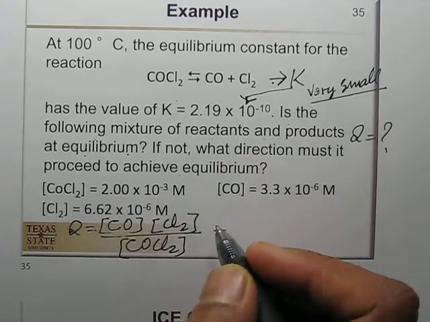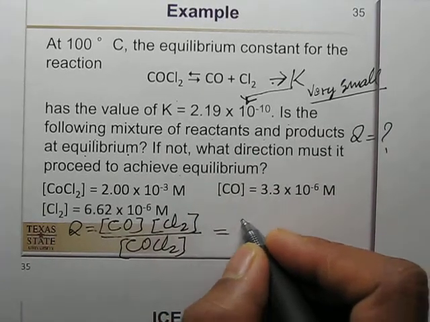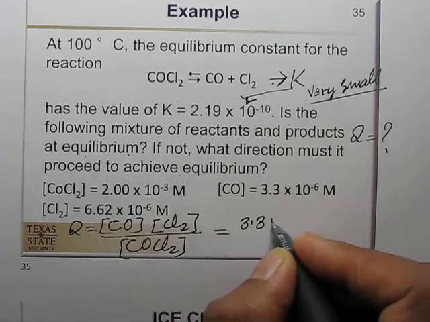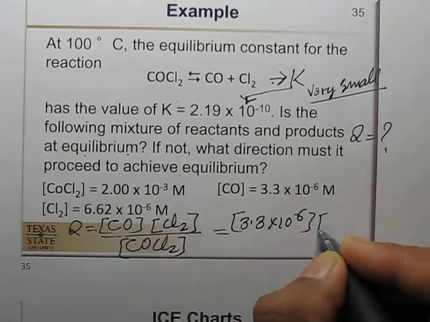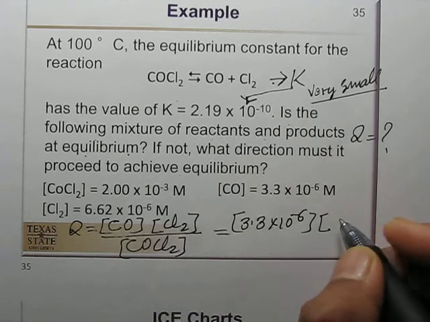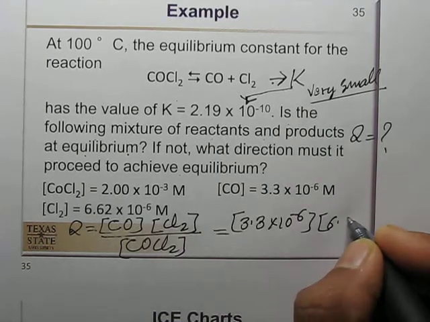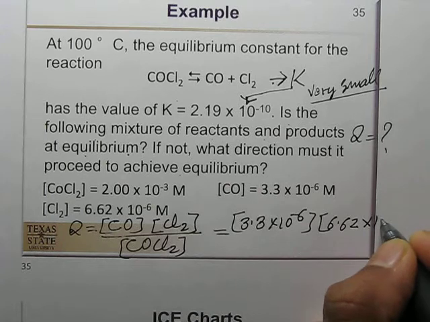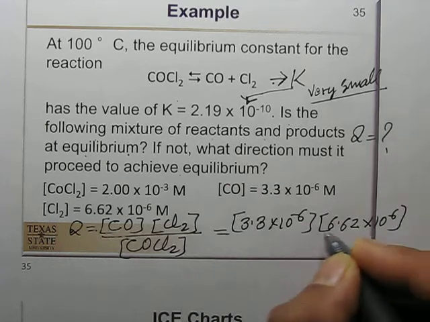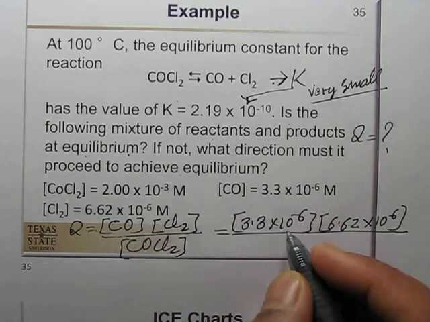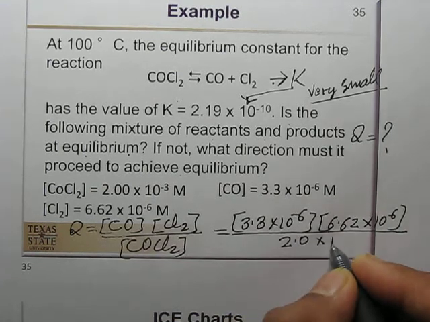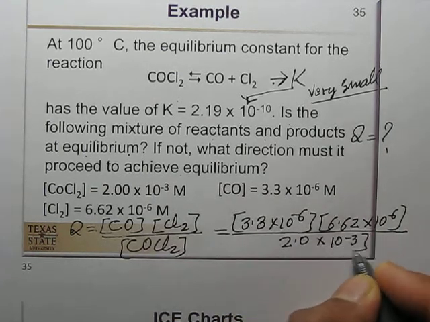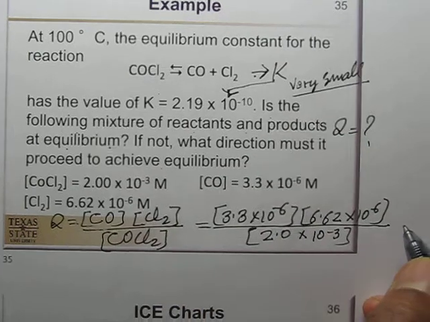The concentration of CO is 3.3 times 10 to the power minus 6, multiplied by 6.62 times 10 to the power minus 6, divided by 2.0 times 10 to the power minus 3, all in molarity.